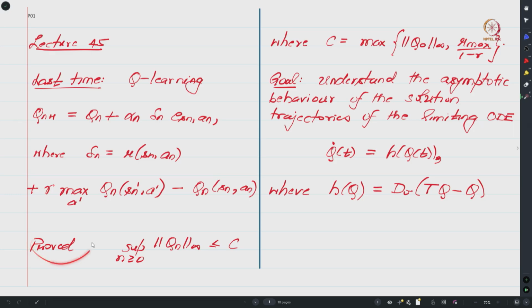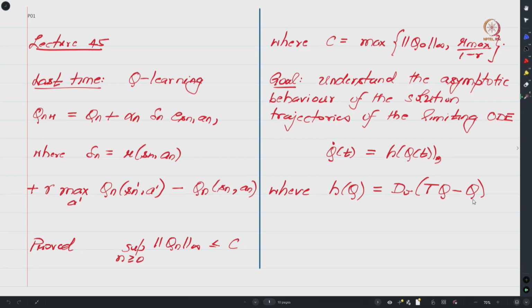In the previous class we showed that the iterates are almost surely bounded, where C is defined to be this. In this class and the next we will try to understand the asymptotic behavior of the solution trajectories of the limiting ODE associated with this algorithm, which can be described as Q dot of t equals h of Q of t, where h of Q is given in the following way.